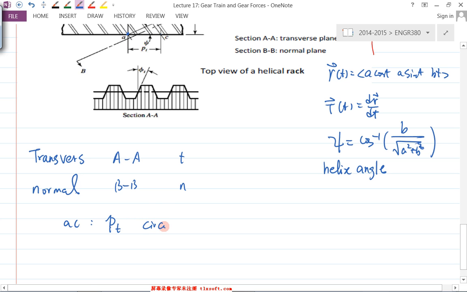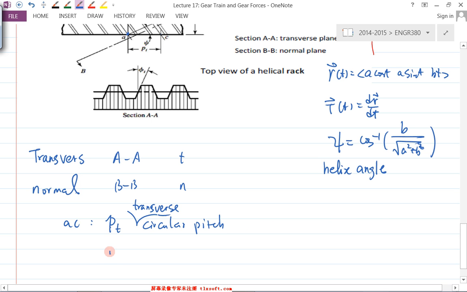This is the circular pitch on the transverse plane, so you can simply call it the transverse circular pitch.